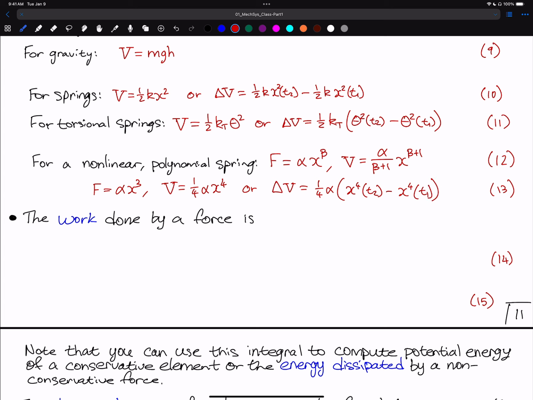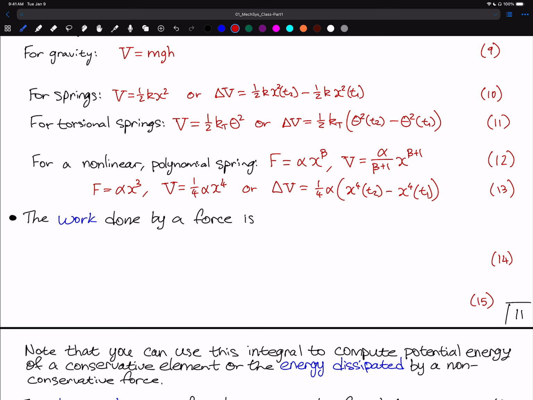We're often going to choose our reference potential energy to be at static equilibrium, where the displacements are 0, and therefore we can neglect this second term in that change in potential, and only include x to the 4th, or x squared.